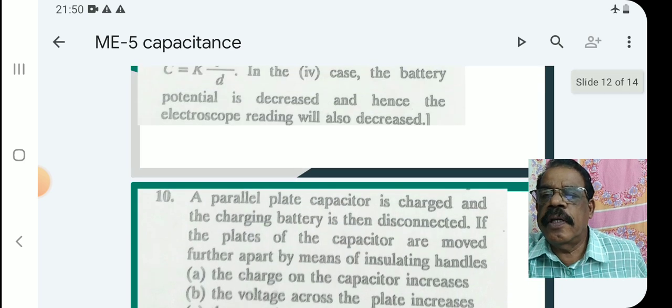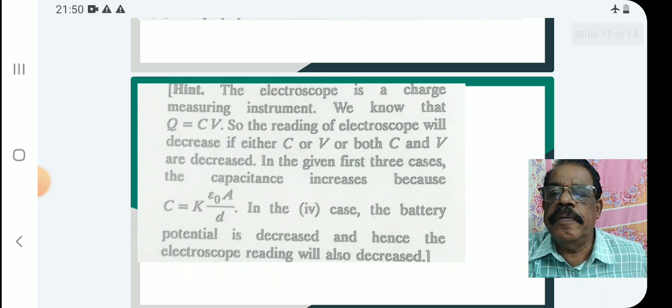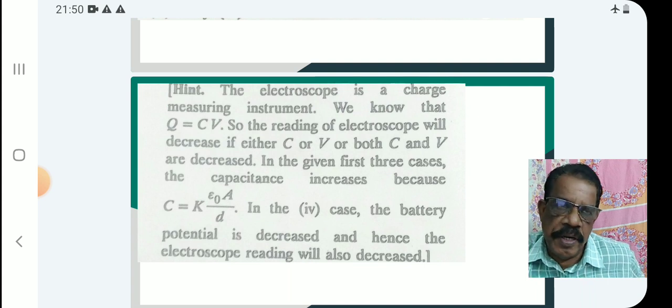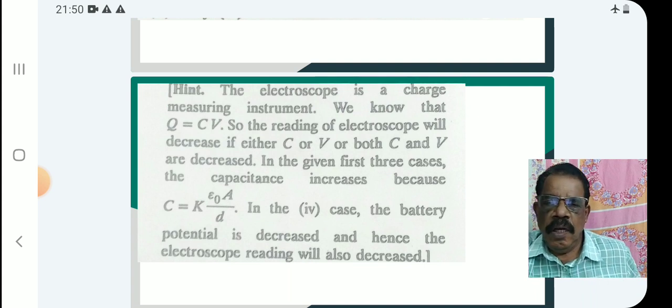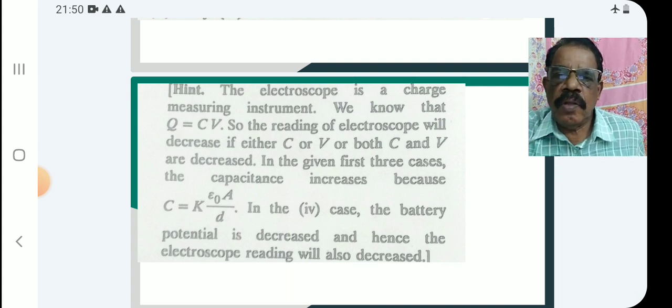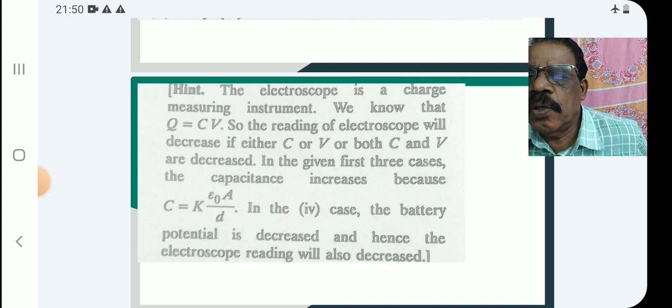So what is 9D? A hint is given here. The electroscope is a charge measuring instrument. ഇലക്ട്രോസ്കോപ്പ് ഒരു ചാർജ് അളക്കുന്ന ഉപകരണമാണ്, charge measuring device. We know Q is CV.